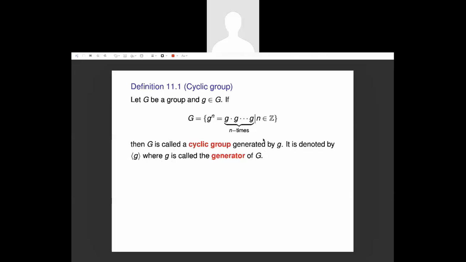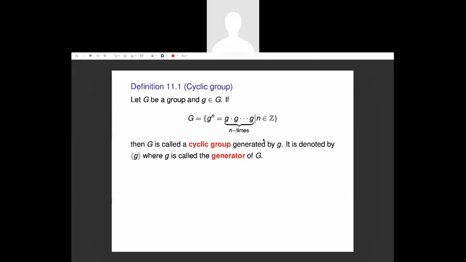In other simple language, a cyclic group means we have a group G, and in this group we have to find one element from this set G, such that under the binary operation, whether addition or multiplication, we add or multiply it repeatedly.